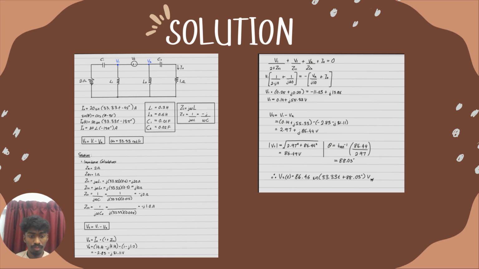The time domain is written as a sine wave. The voltage source is 86.46 sine(33.33t plus 88.03 degrees) volts. This is how we did the calculations for question 2. Thank you.